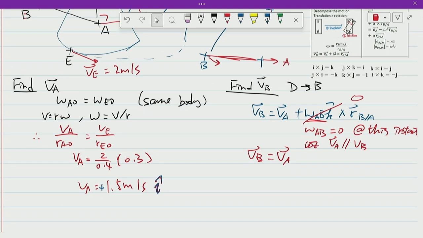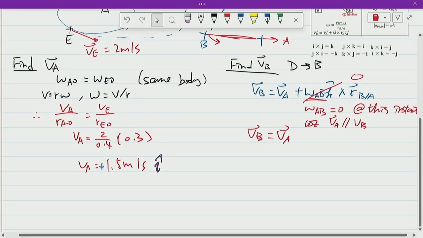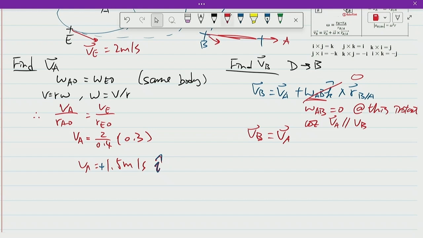Okay, VA. Okay, next up is from D to B. Wait, have we found? Oh, we did. Oh, actually, that's when we finally applied the acceleration. So AB is equal to AD minus omega BD squared, RB relative to D. Again, no cross product.